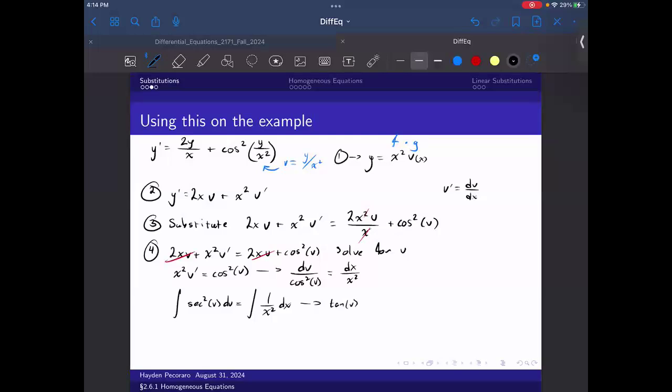It's tangent. Yeah. Here's a quick rule. Derivative of tangent is secant times secant, and derivative of secant is secant times tangent. So you swap the first and the last, and you get another identity.